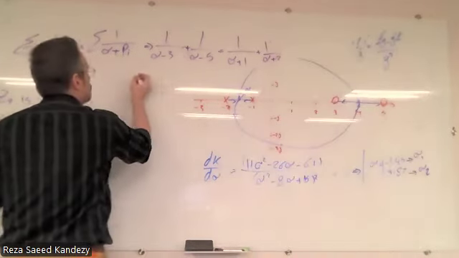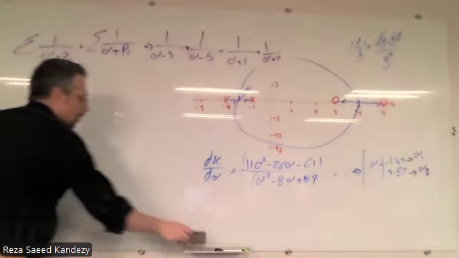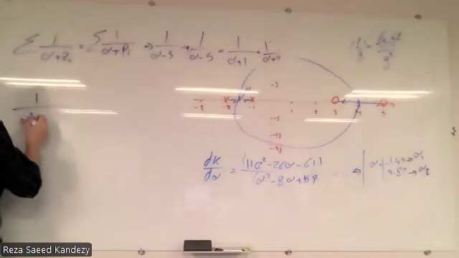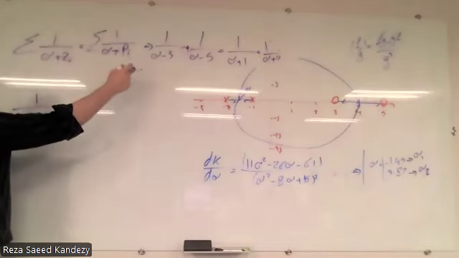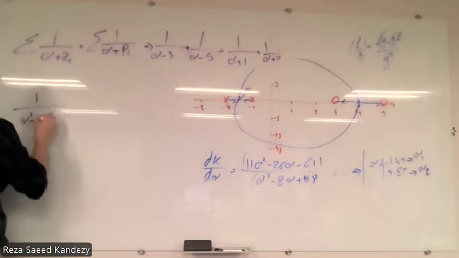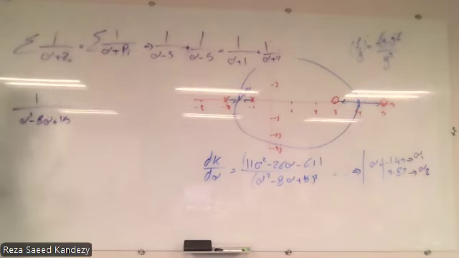So basically that one becomes 1 over delta squared minus 3 minus 5, minus 8 delta plus 15. Are we good?